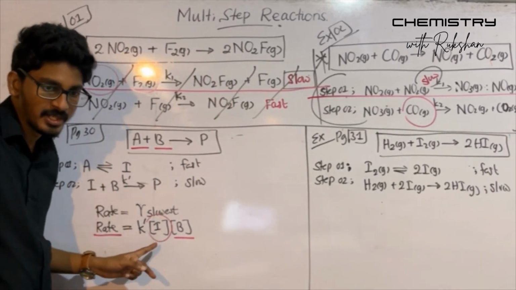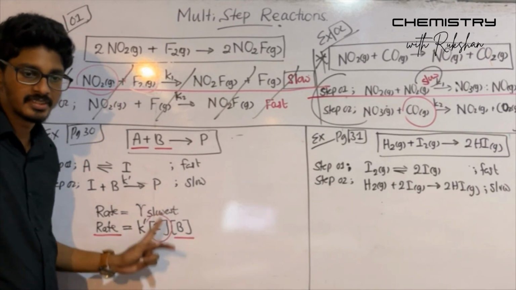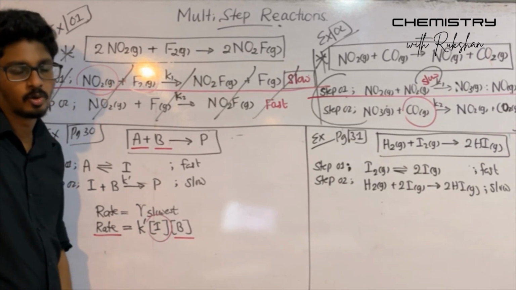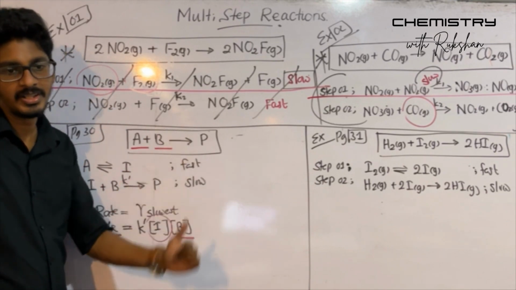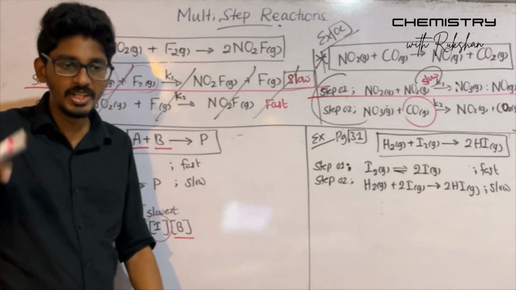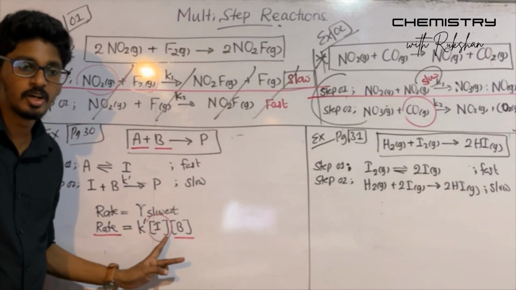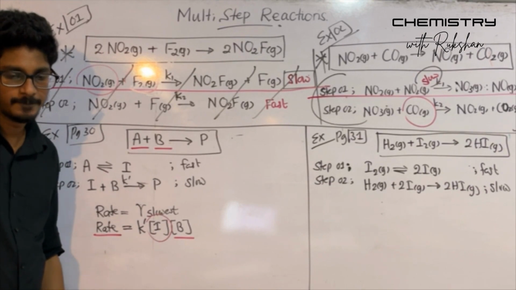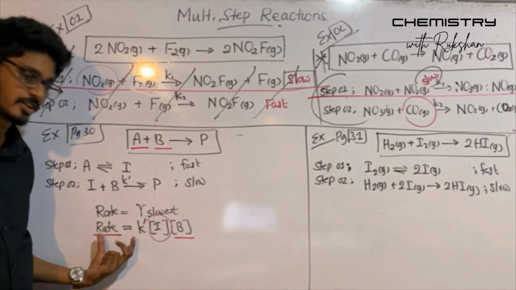Intermediates can't appear in a rate law. We have a problem here, so you have to get rid of this intermediate, because intermediates can't appear in the rate law of the overall reaction.